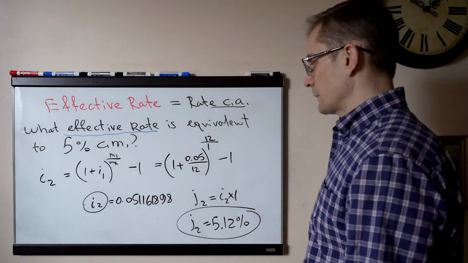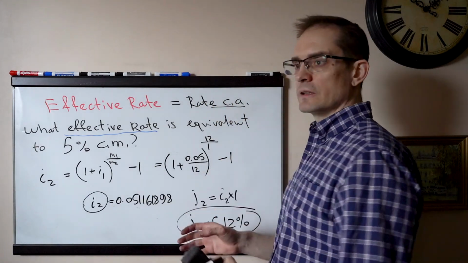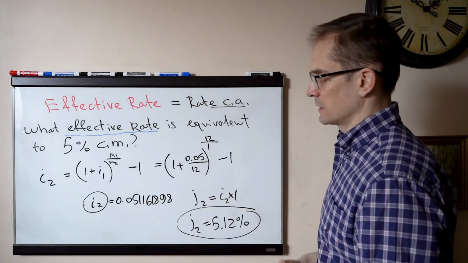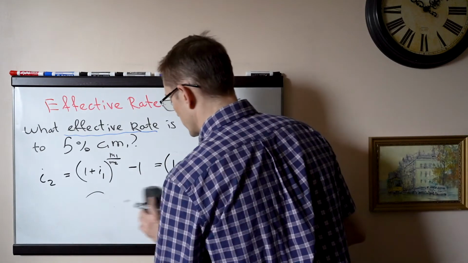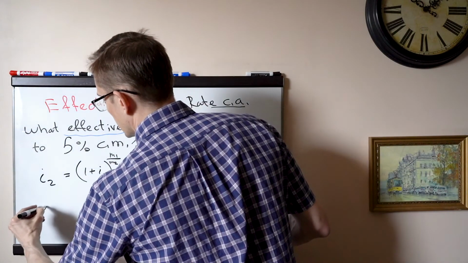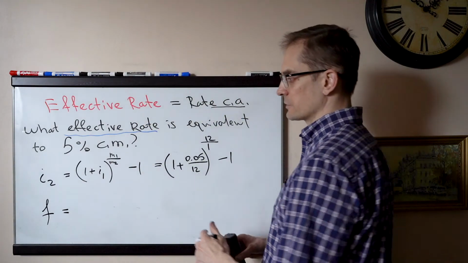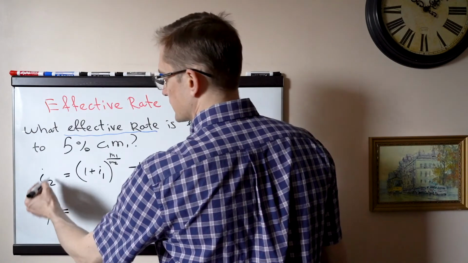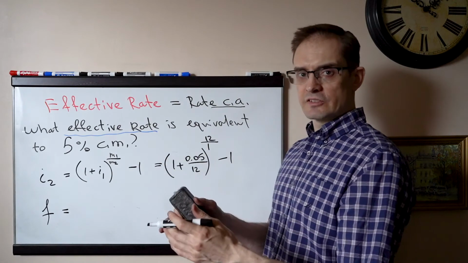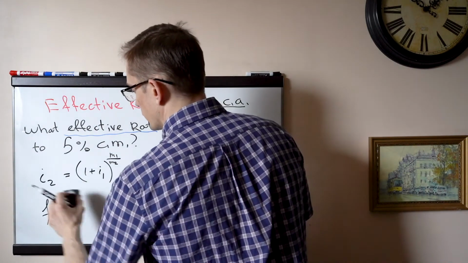Now, in the textbook, there is a formula which specifically is targeted for effective rate, but that is just the same formula in disguise, right? For the effective rate it will be F instead of I2, just to specify how special that rate is. It's going to be F, which is the same as I2 in this case, or the same as J2, because I2 is the same as J2 for compounded annually rate, and F will now be the new letter for that.